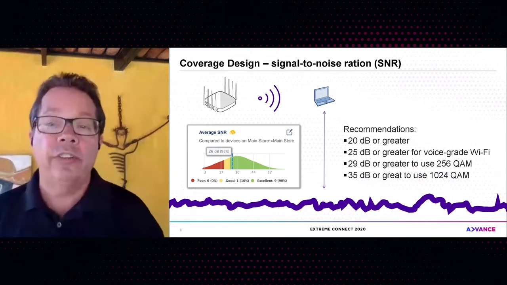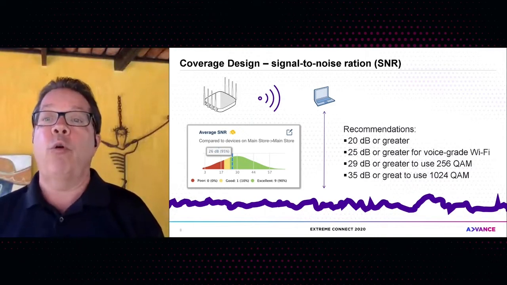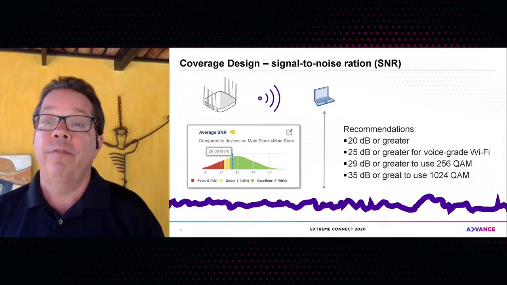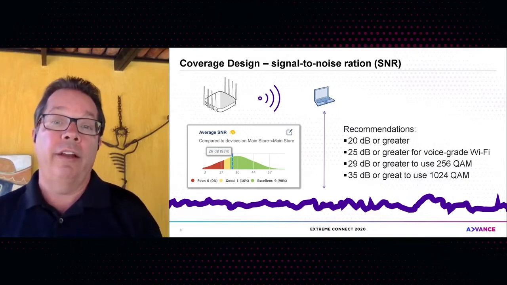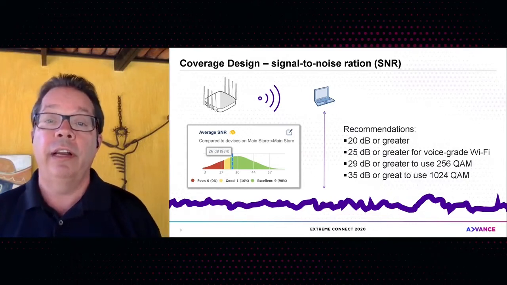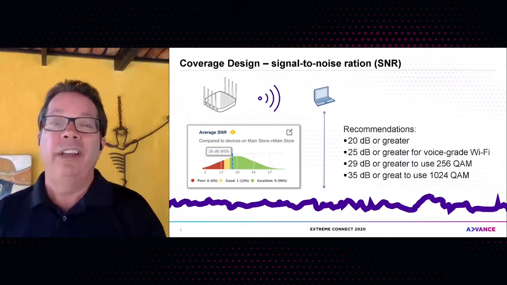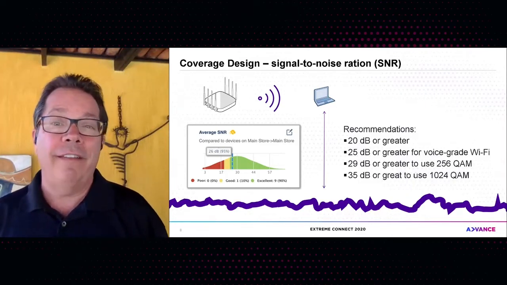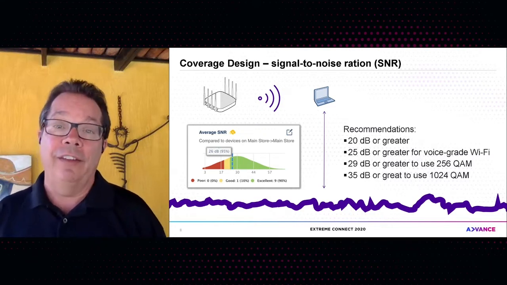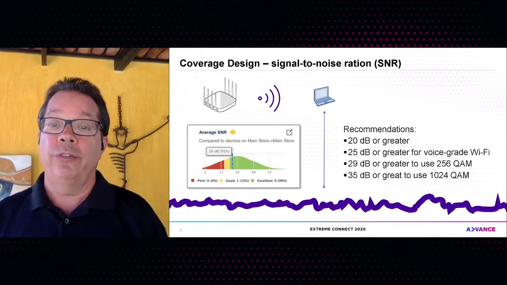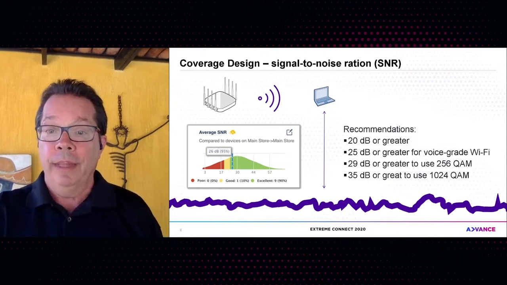And if you're going to start using some of the complex QAM modulation types, it gets even tougher. For 256 QAM, you're going to need 29 dB or better. And if you're going to use the new 802.11ax 1024 QAM, you need an SNR of about 35 dB or better, which effectively means it's going to have to be in 5 gigahertz, and you're going to have to be very close or right underneath the AP.